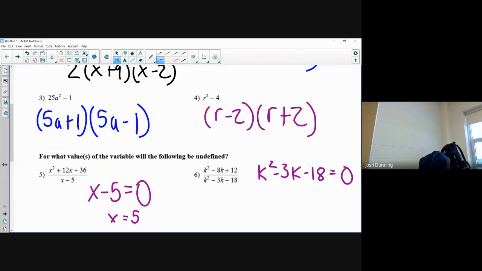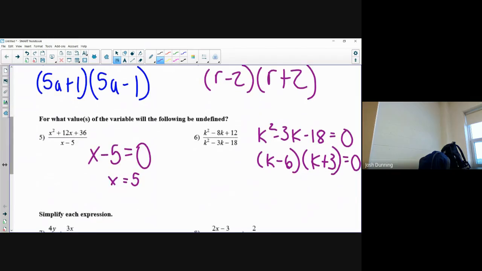It's equal to 0. So you factor, it'll be minus 6 and plus 3 on the factors. This is when you have to keep going. K could equal, or K, not X, positive 6, or K could equal negative 3.